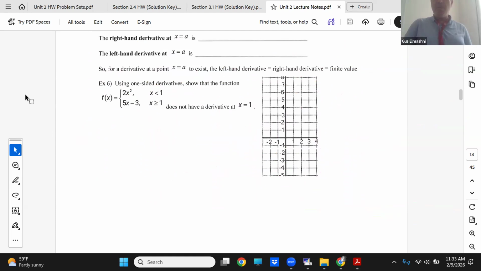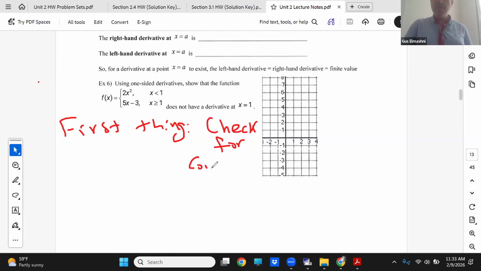The first thing you always want to do, and I know we haven't had this discussion yet, we'll do this more tomorrow when we get more into the theory of derivatives, is check for continuity. Well, we'll do it really fast.